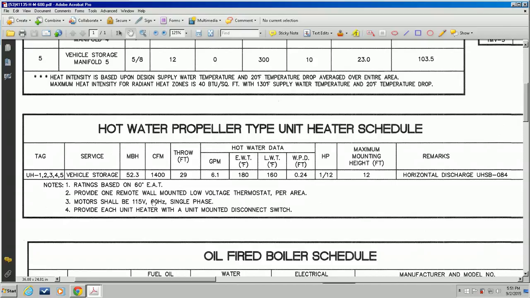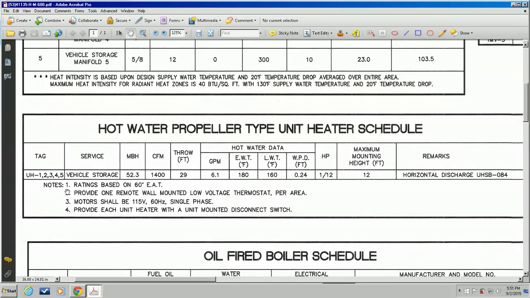So in this case, we will provide one wall thermostat, and in our program, we'll note that as a field mounted or field installed thermostat, and we'll note that it's low voltage, which is 24. If this said line voltage, then we'd know that it's 115 volt. The motors for each unit are 115 volt 60 hertz single phase, and each unit heater is provided with a unit mounted disconnect.